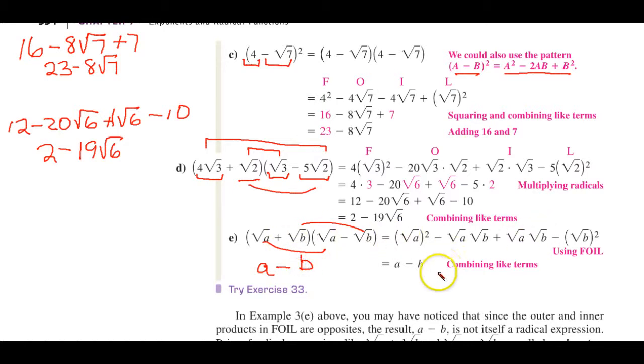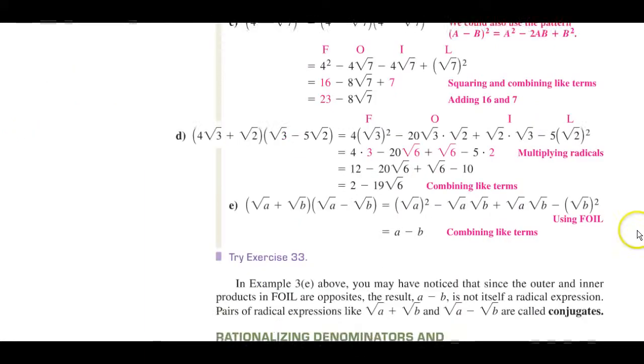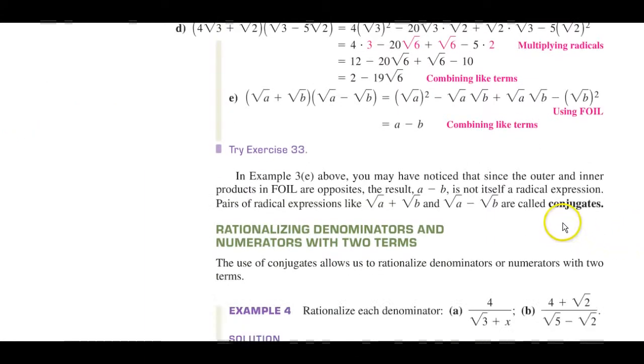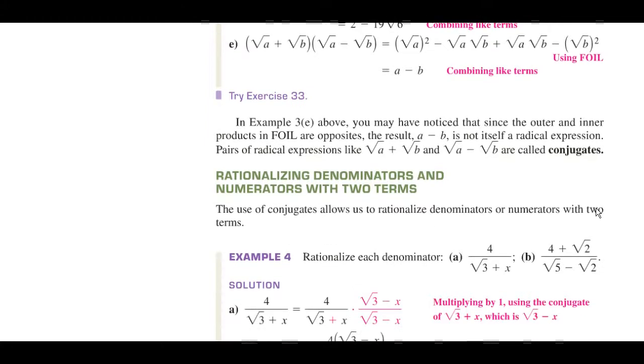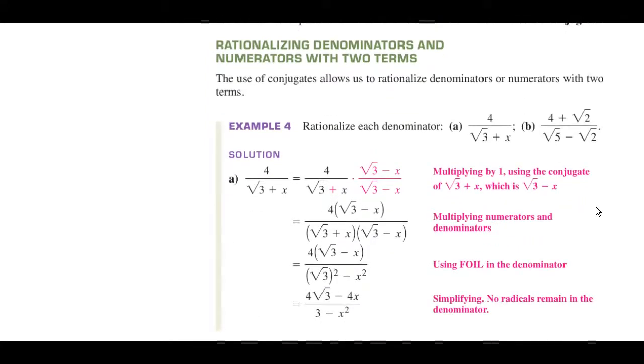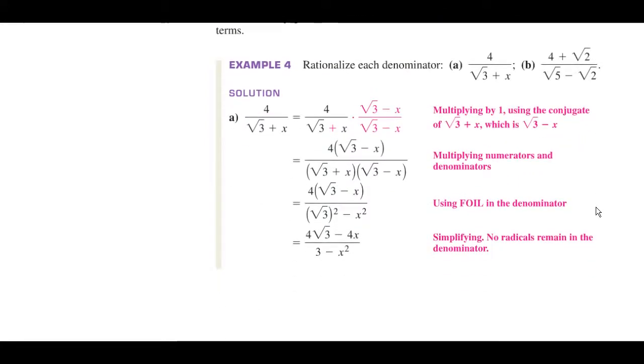And there's the work. Okay? And here they are introducing, finally, the word conjugates. It's a long time coming. And we need conjugates when we are going to rationalize denominators or numerators that have two terms.